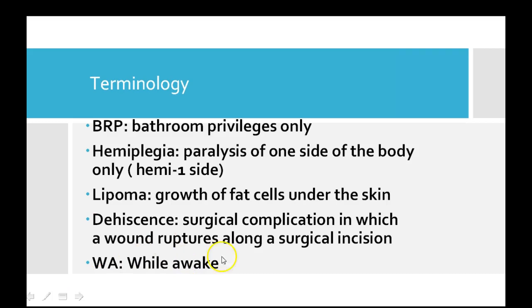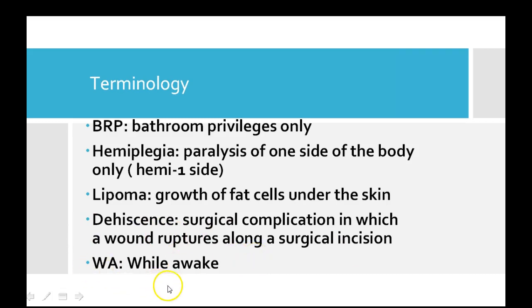Now, when the surgical site has complications in which a wound ruptures along a surgical line, meaning when a doctor sutured or stapled that incision that he did for surgery, and the staples or sutures, or maybe the patient's staples and steri-strips have been removed and the wound begins to open, dehiscence. Make sure we notify the doctor right away.